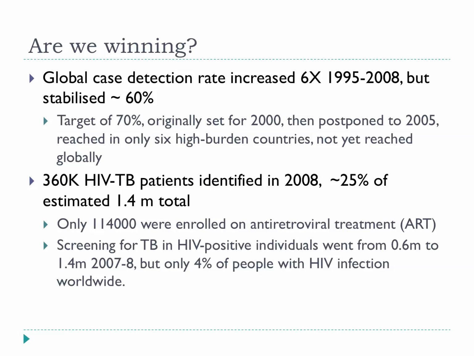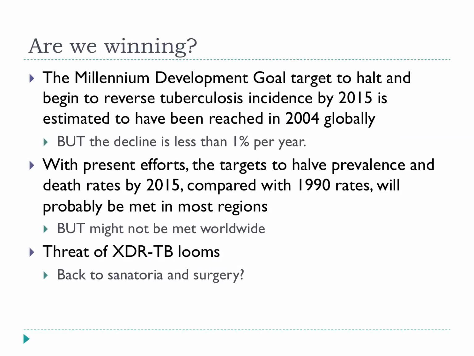360,000 HIV-TB patients identified, probably about 25% of the total. But unfortunately, only a small fraction of those are actually enrolled in antiretroviral treatment. And again, we're still only really skimming the surface here. So, the Millennium Development Goal to halt and begin to reverse TB incidence is estimated to have been reached already by 2004.